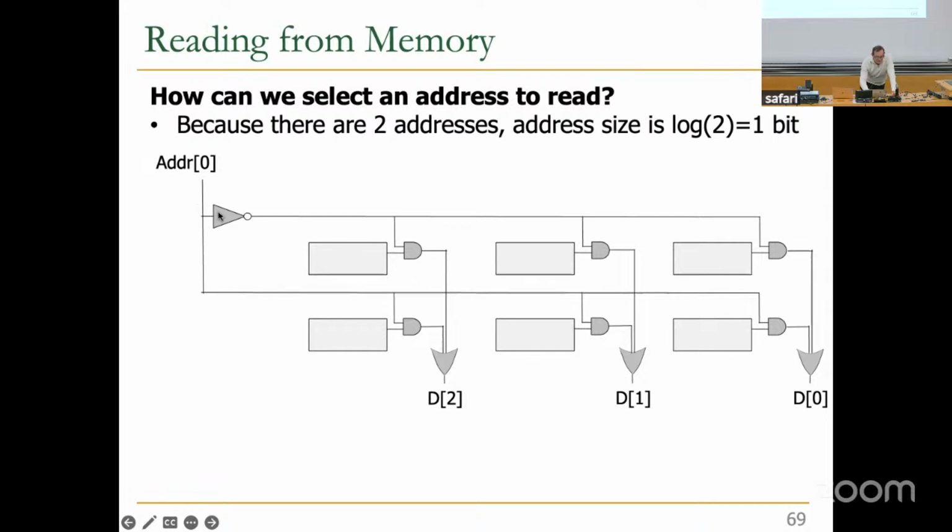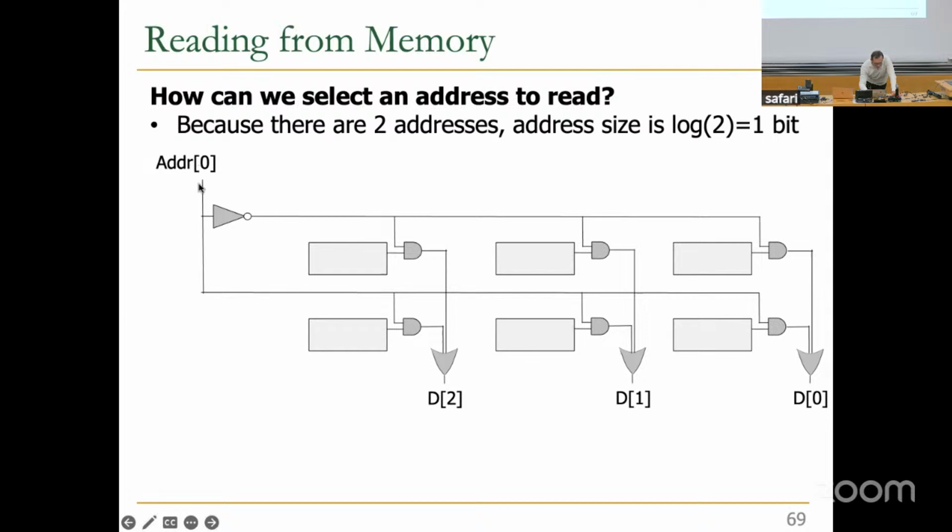If address bit is 0, this wire evaluates to 1, meaning that the input to these AND gates are all 1, meaning that the result of these AND gates is whatever is stored in this flip-flop, or sorry, latch, in this case. You'll see the flip-flop later. So it drives here. And because of the function of the decoder, if address bit is 0, this is 1.